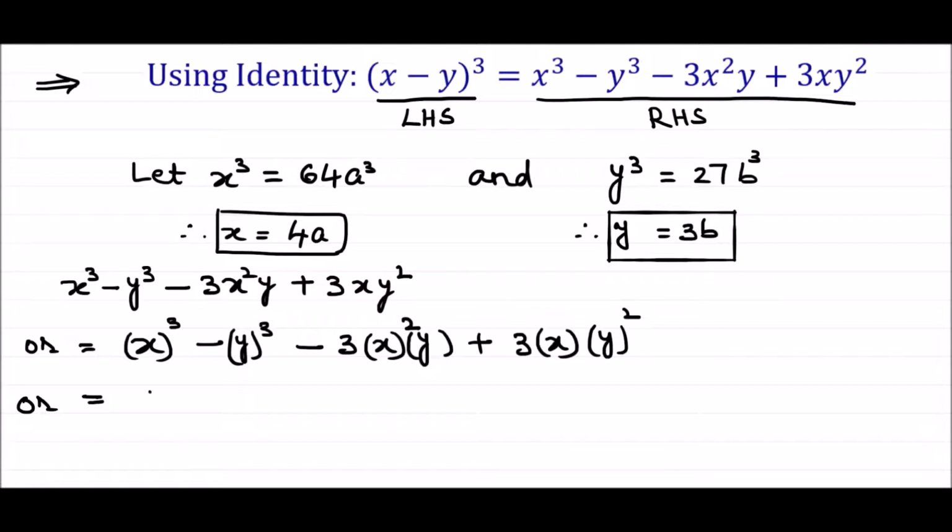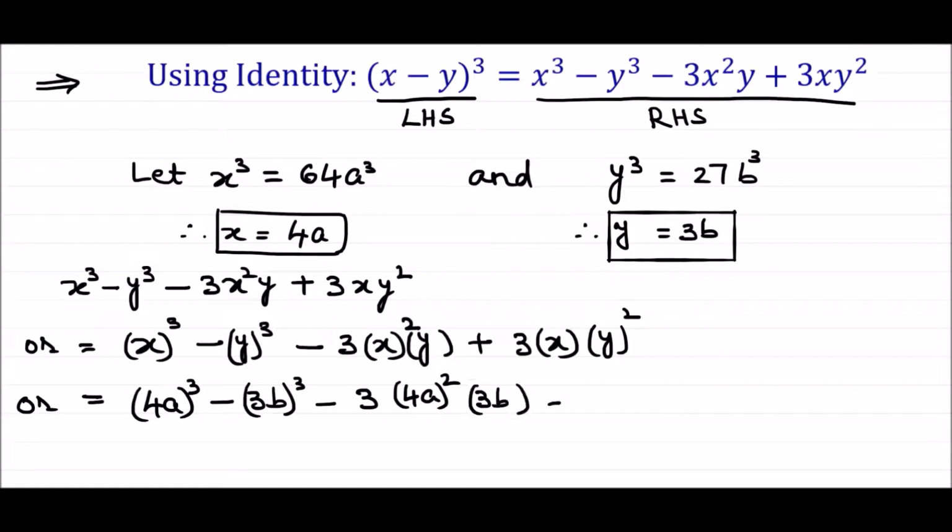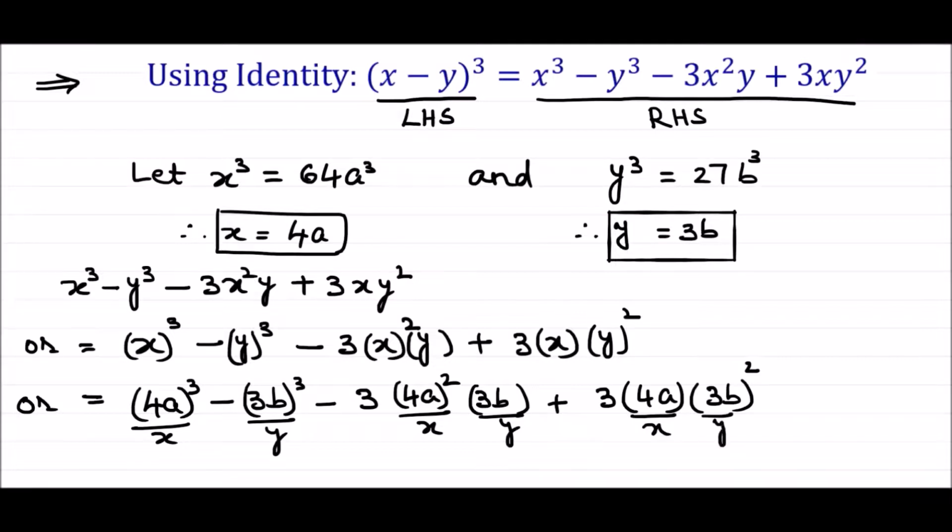Instead of x, I write 4a to the power 3 minus 3b to the power 3 minus 3 into 4a square into y value 3b plus 3 into 4a into 3b to the power 2. This is what we got. We have considered 4a as x and 3b as y in each term.